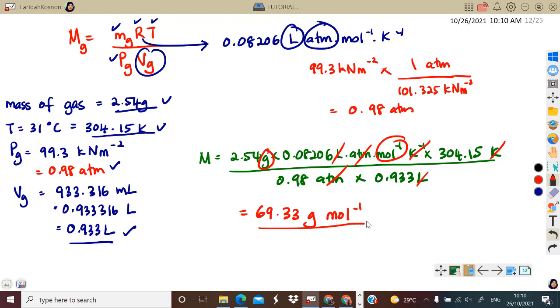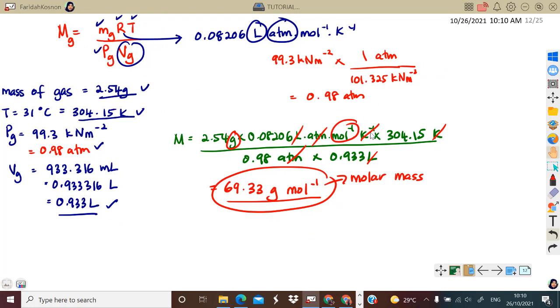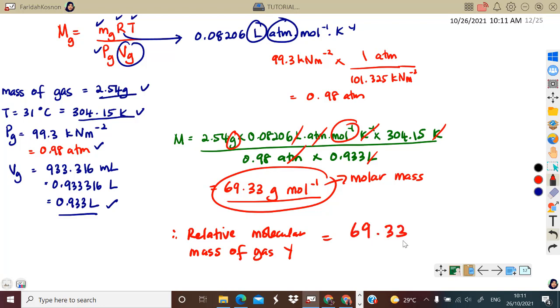But this is the molar mass, and the question does not ask for molar mass. It asks for the relative molecular mass of gas Y. So for the final answer you must understand that relative molecular mass has no unit. Therefore, the relative molecular mass of gas Y is 69.33. So this is the answer.